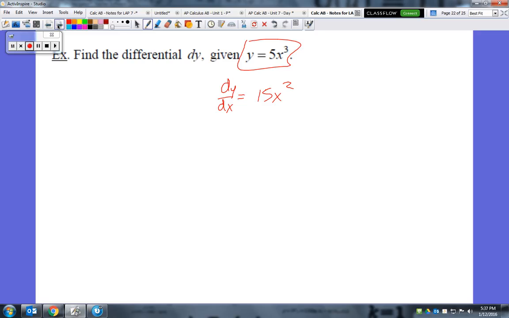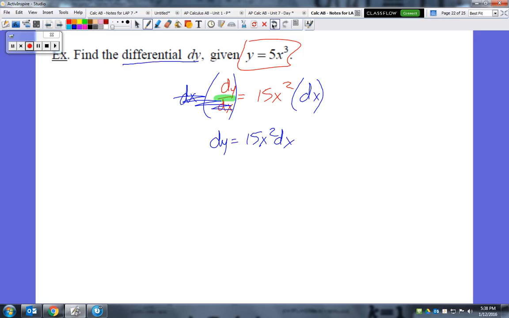If I try to move things around, even though this is truly not dividing that's occurring there, it's the derivative of the limits, I can interpret this as, how can I get rid of this dx? Well, I can multiply, and again, this is not really truly multiplying, you're just manipulating as far as moving it around. And again, you'll discover this more in depth when we do the integral part. So dy is equal to 15x squared dx.